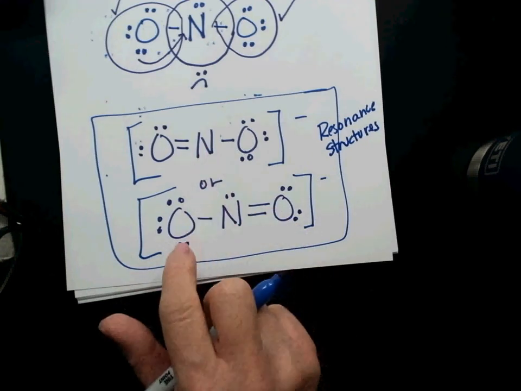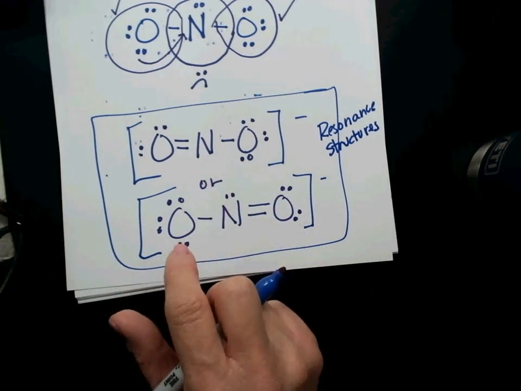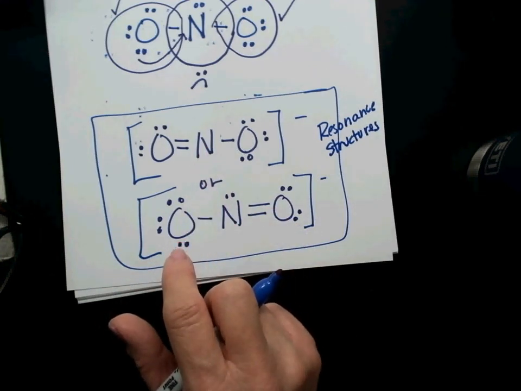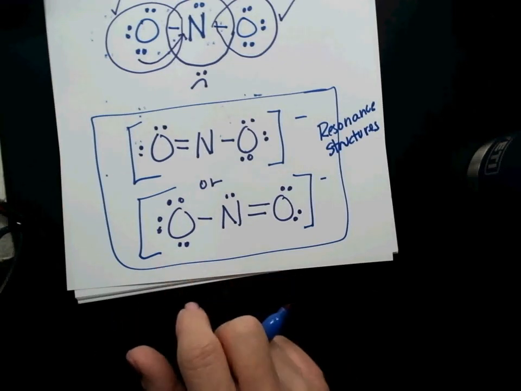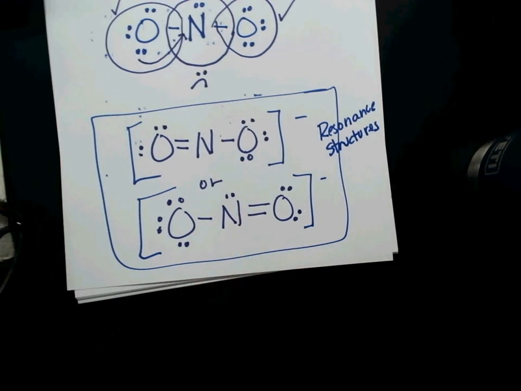And basically that just means that there are 2 ways it can be written and be correct, or maybe 3 ways. And truly, like in the real world, we don't know which way something is bonded. We know it can be any of these possibilities.